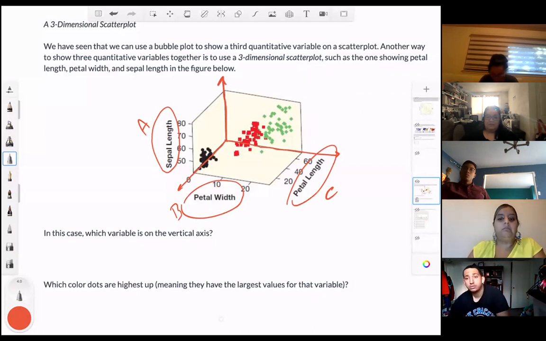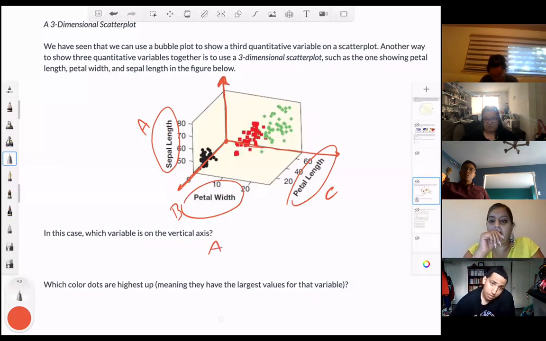A. Yeah, correct. At the beginning, you can see it differently from a different perspective, but you find the center. So this is X and Y, and this is vertical. So A is correct. Which color dots are highest up? Is that black, green, or red?